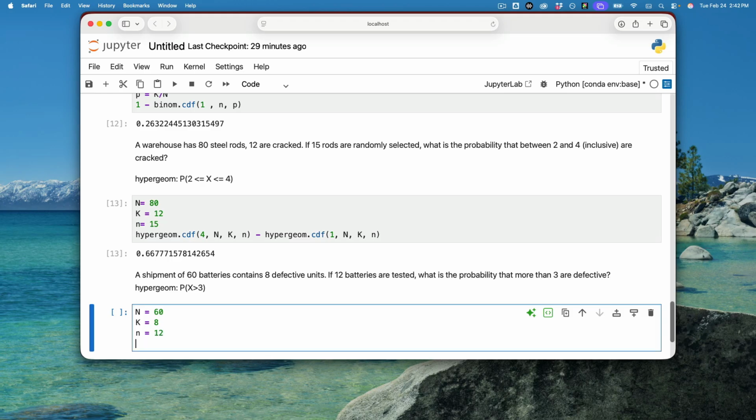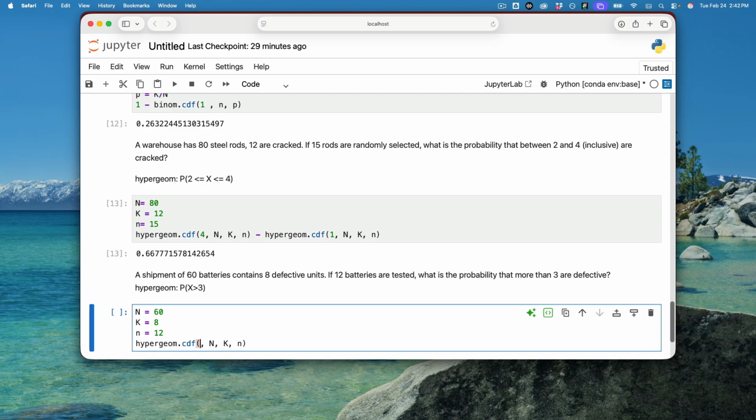That's the sample. And then I need P of x greater than 3. So that's going to be hypergeom.cdf. I'm going to put the x first, then N, K, n. We want the probability greater than 3, so 4, 5, 6, and more.